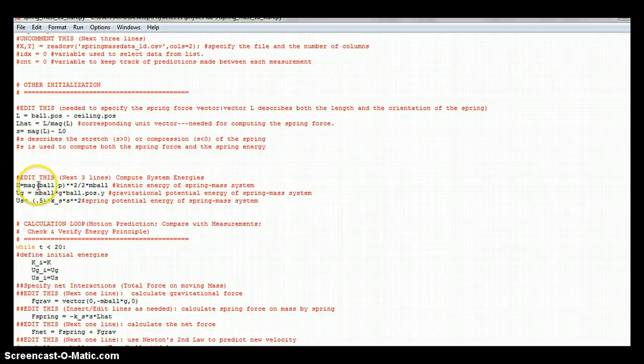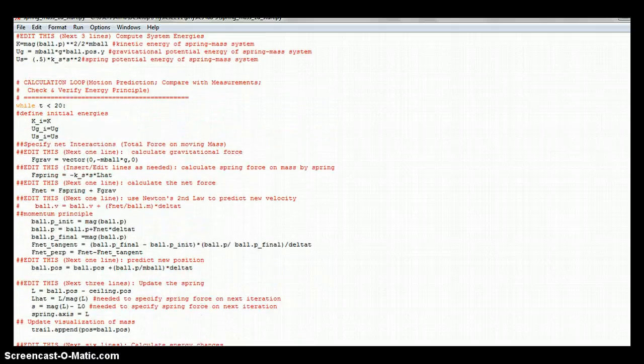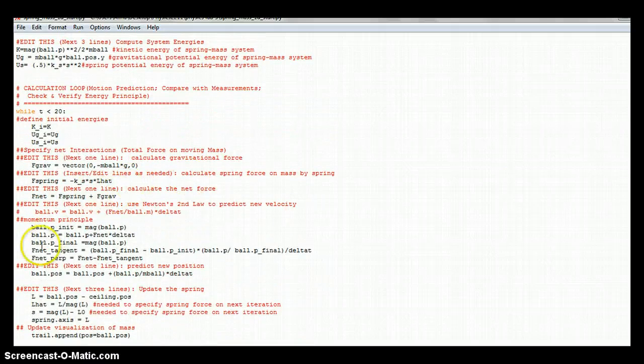We put that the kinetic energy is equal to the magnitude of the person's momentum squared over 2 times the mass of the person. Another place where we apply the momentum principle is that the momentum of the person is equal to the initial momentum of the person plus the net force times the change in time.